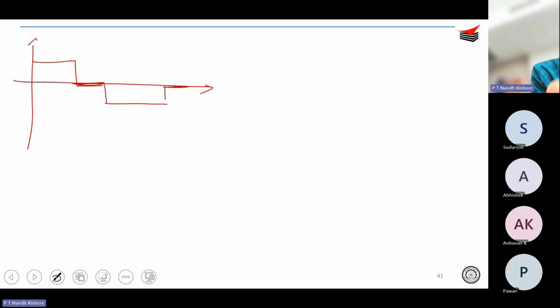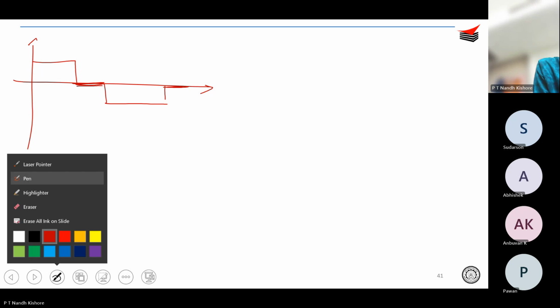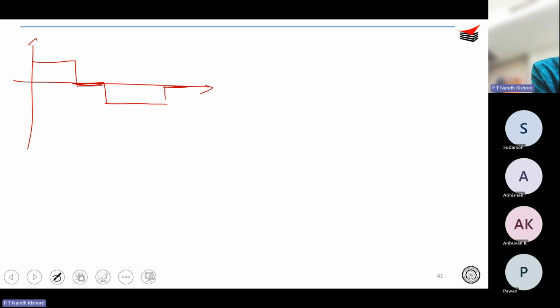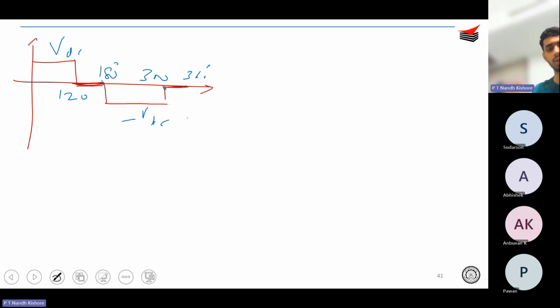Okay, this is your line to line voltage, where this is till 120, 180, 300, 360, right? And this is VDC and this is minus VDC.